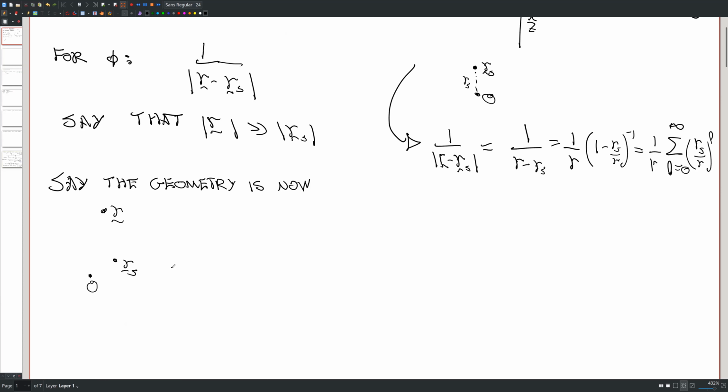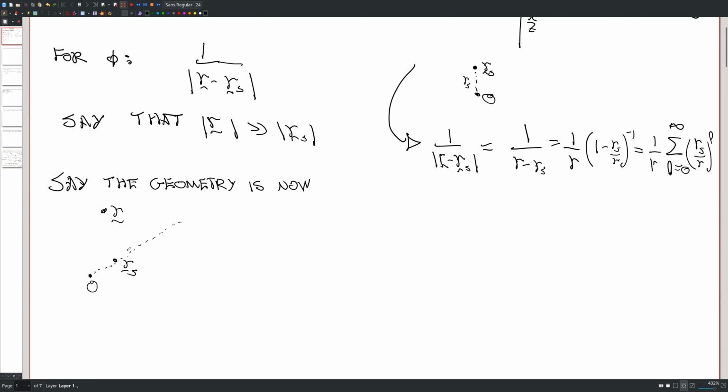So what do we have here? Well, we've got a more complicated situation, and we'd like to write immediately what the answer is. We can actually do this because in this problem we have an axis, which is the axis going through the origin and R. And around this axis, the potential is going to be azimuthally symmetric, because I'm not changing the potential if I rotate the whole system around this axis.